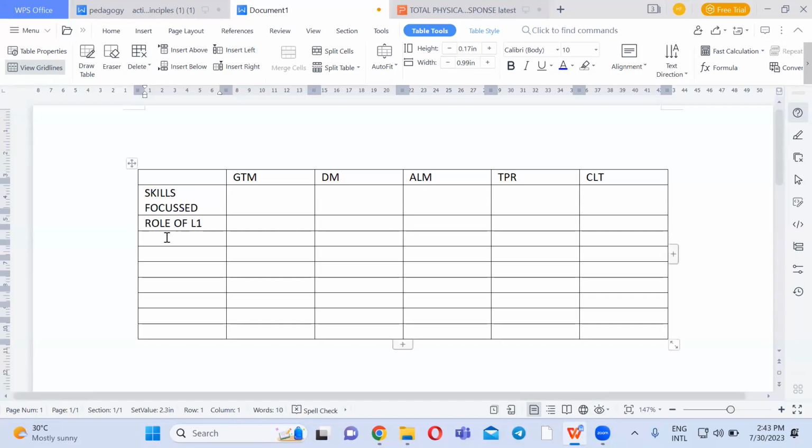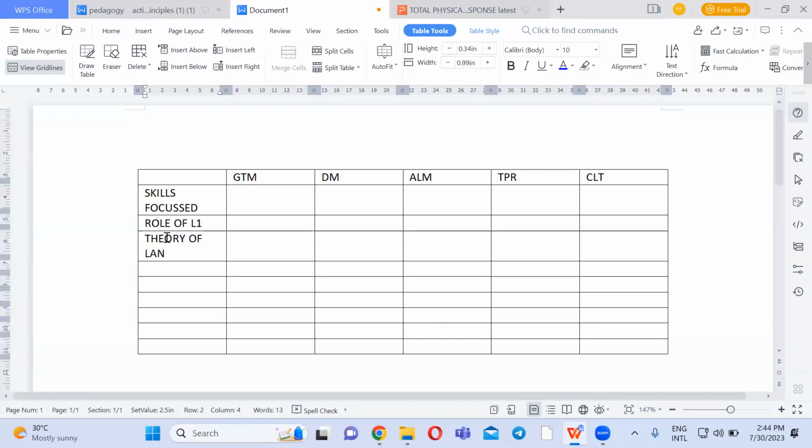What else? Techniques. Before techniques, theory of language. Then theory of language learning.